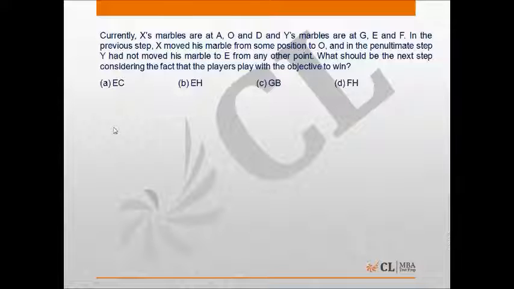Move to the next question. It is stating currently X marbles are at A, O, D. Draw up the figure again.